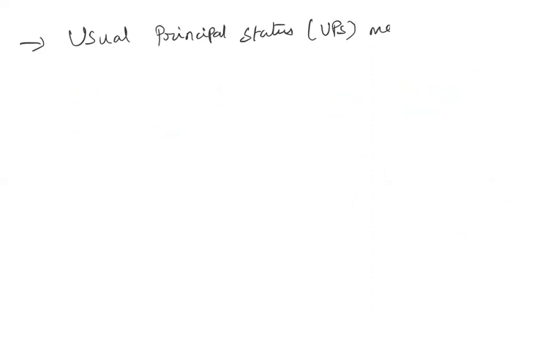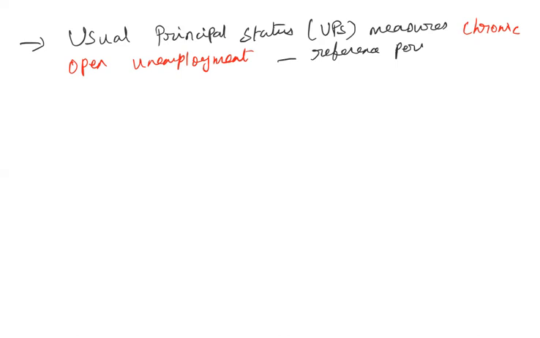So basically, the first one, the usual principal status, that is UPS, measures something called chronic open unemployment. This is what it is measuring. Usually the reference period is 1 year.